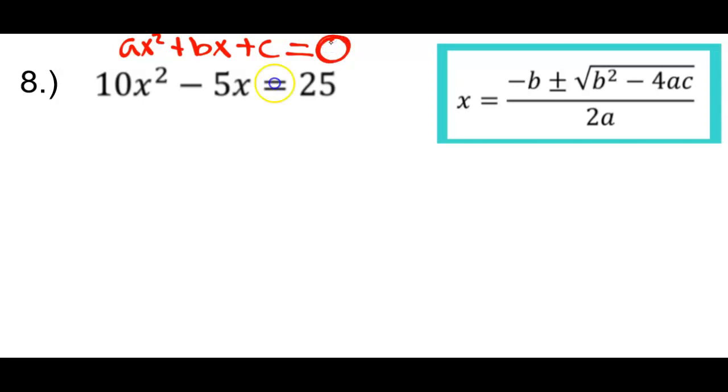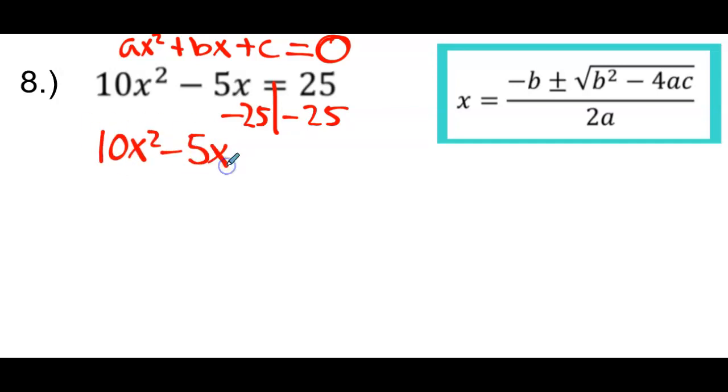So this one I need to solve first. I need to subtract 25 from both sides. Can't combine that, so I'm going to get 10x squared minus 5x minus 25 equals 0.